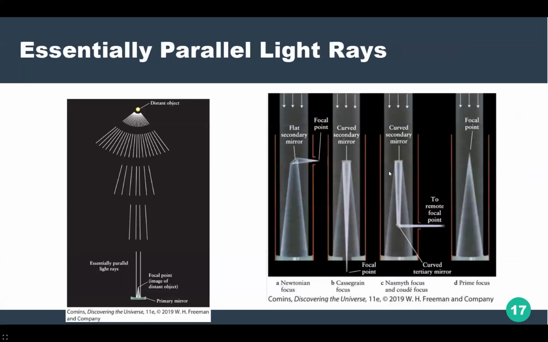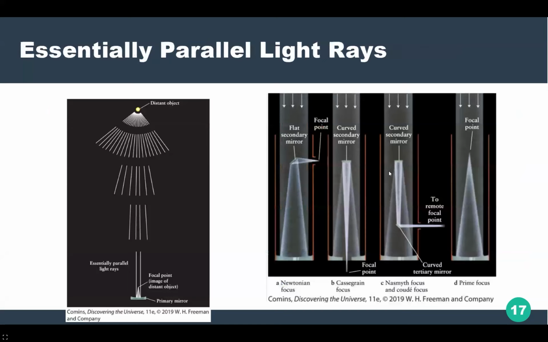So as you see in all of the mirror telescopes on the right-hand side, you take advantage of this parabolic mirror and then use different ways to reflect with the secondary mirror, or even a tertiary mirror, in order to get all of the light that is going through your telescope to focus on a single point.